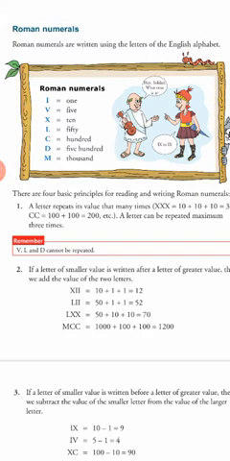So, in today's revision class, we will revise Roman numerals. That means we will discuss the seven English alphabets given by the Romans to write Roman numerals. Also, we will discuss some basic rules, some basic principles for reading as well as writing Roman numerals.